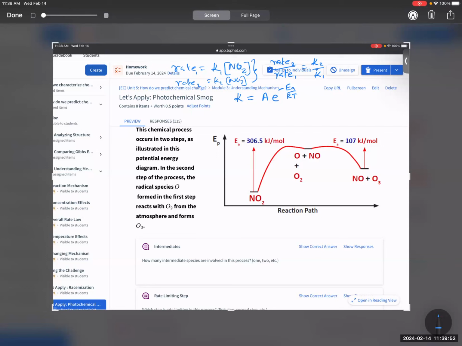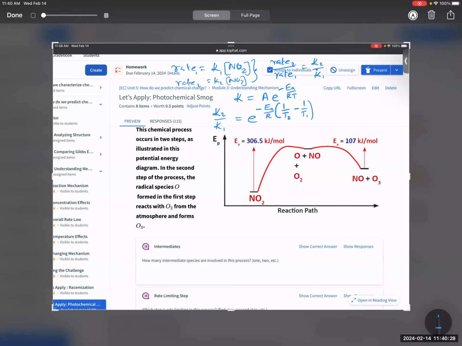Now if you write the Arrhenius equation 2 times, for k1 and k2, we can write an equation: k2 over k1 is equal to e to the power of minus Ea over R, times 1 over T2 minus 1 over T1. While I'm doing this, I'm trying to derive this in my head as well.